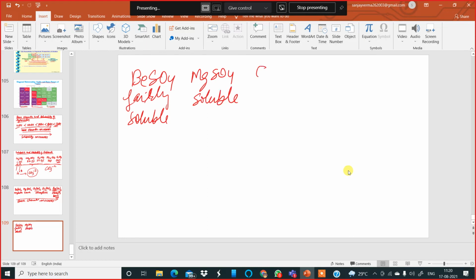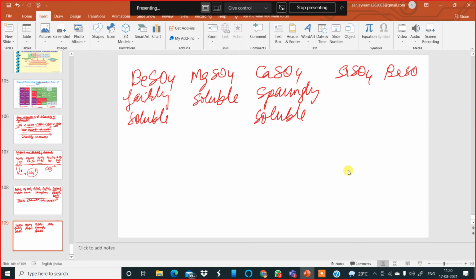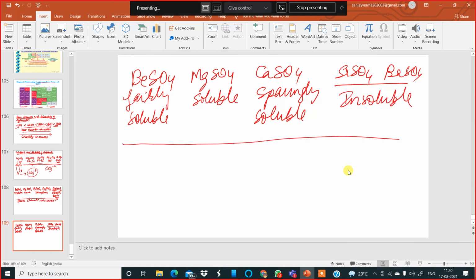Then calcium sulfate is sparingly soluble. Then strontium sulfate and barium sulfate are insoluble. Now, if we move from beryllium sulfate to barium sulfate, what is happening? The solubility is decreasing.